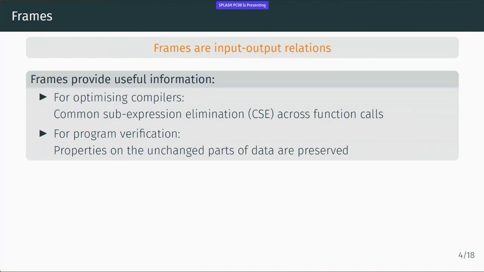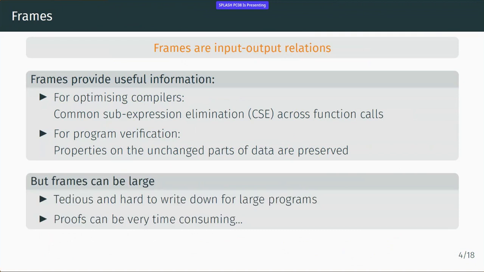If you are more a program verification person, then you would also be very interested in which part of your state did not change, because if you have a property that holds on that part of the state that did not change, then you know for sure and quite easily that this property still holds after the function call. Okay.